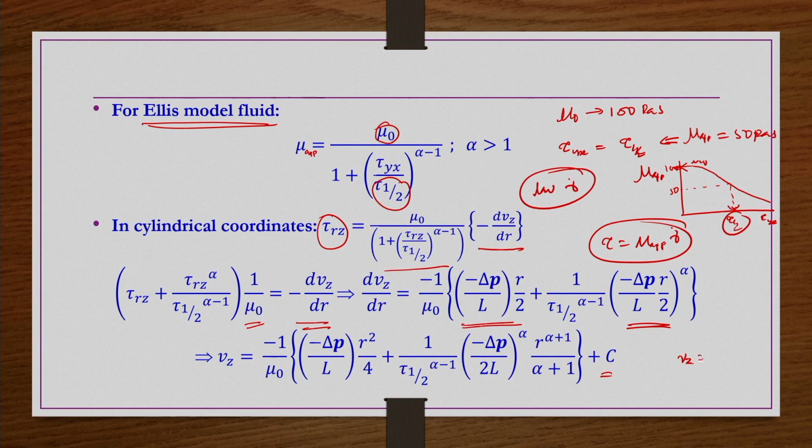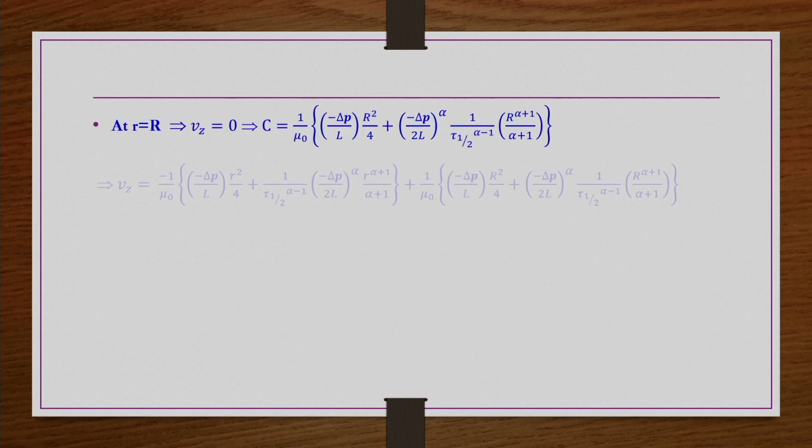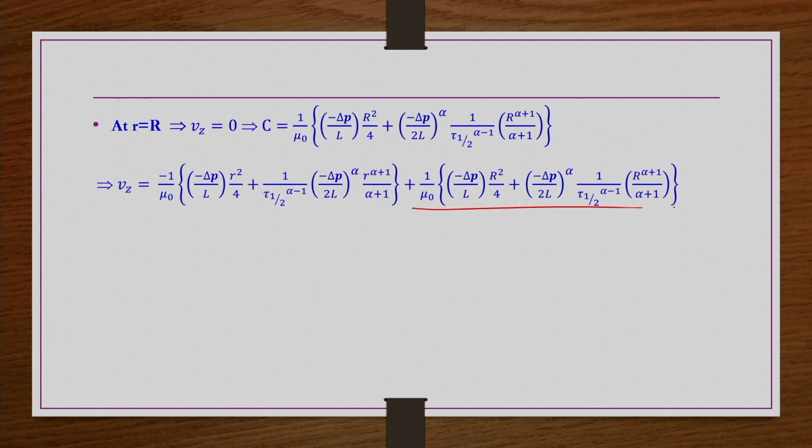Now, to find that constant c, the velocity Vz is 0 at the wall, that is at r equal to capital R, because of the no-slip condition. So, you substitute that in this equation, you get the constant c, and you back-substitute it here, and you will get this expression.